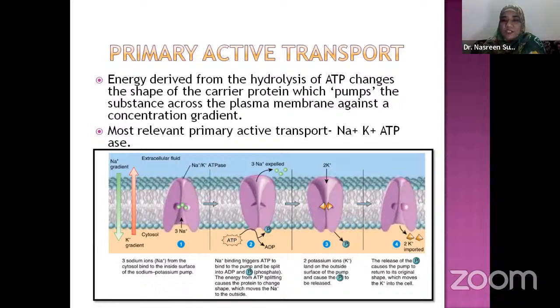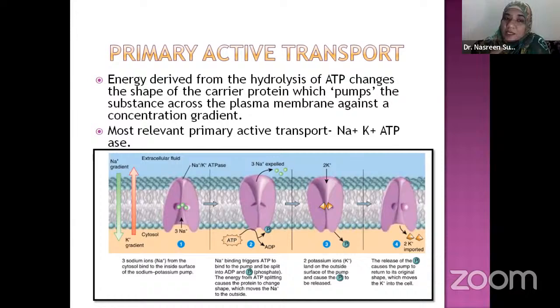It is a pump which is generally present. This Na+ K+ ATPase is mainly used in maintaining the equilibrium of a cell. How does this pump work? First, I will say what is the use of this pump. You know the structure of a cell, you know action potential, right?